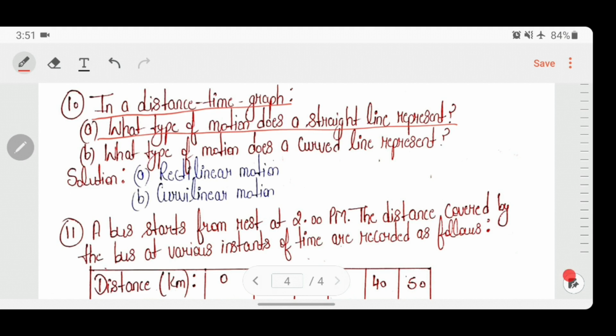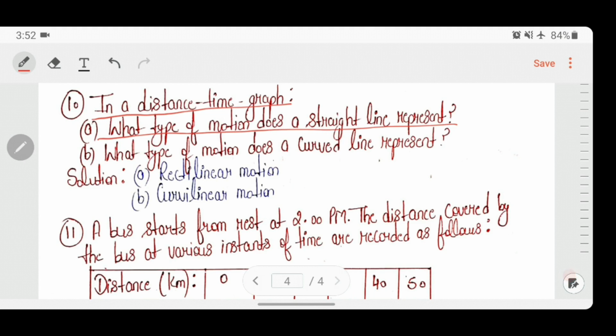In a straight line graph, you can easily observe that the motion of the car or object is rectilinear motion, because here the speed of the car or the object is uniform. This is why the graph is a straight line, which represents rectilinear motion.